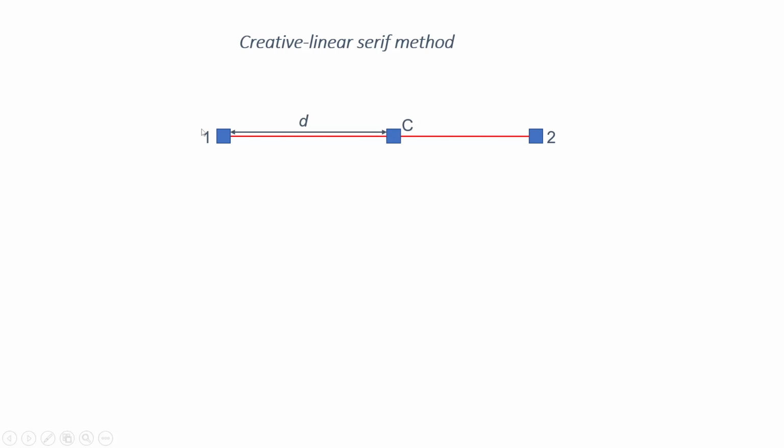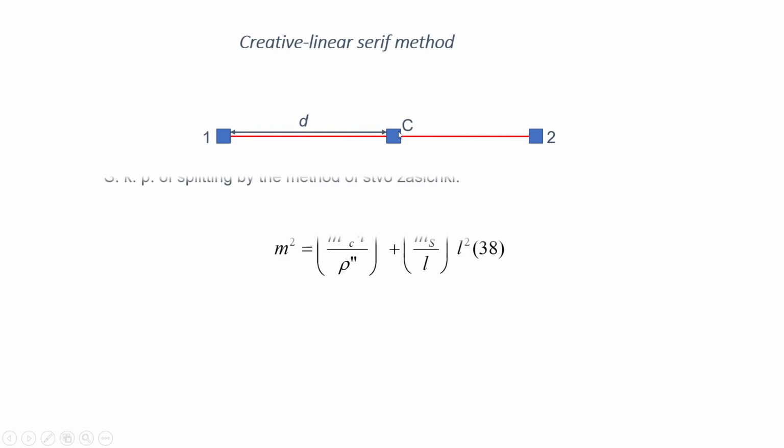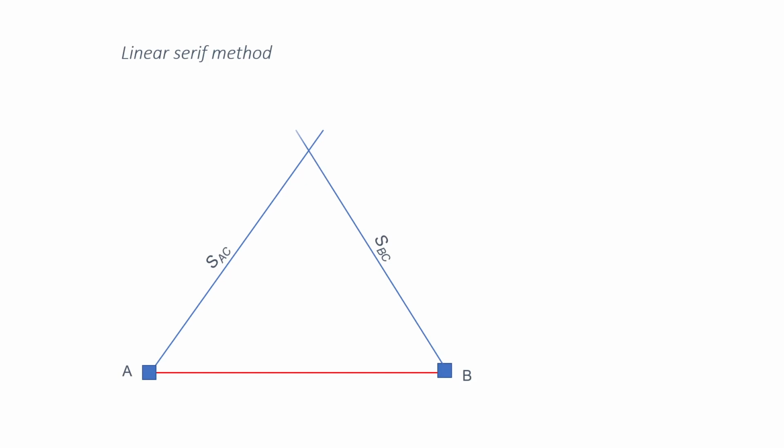We can find the point on the creative line between point 2 and 1, but we should use the distance d to mark this point. Linear serif method, when we use only tapes, for example, we measure the distance AC and BC and find where the point C should be.